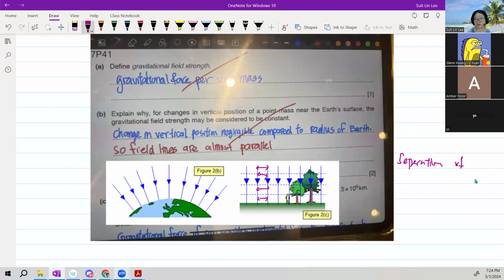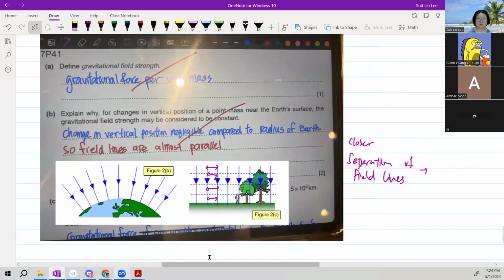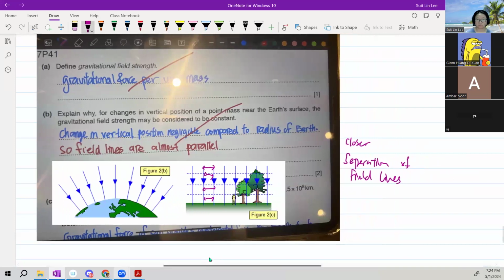And the separation of field lines has something to do with field strength. Closer separation of field lines implies stronger field. Does that make sense?